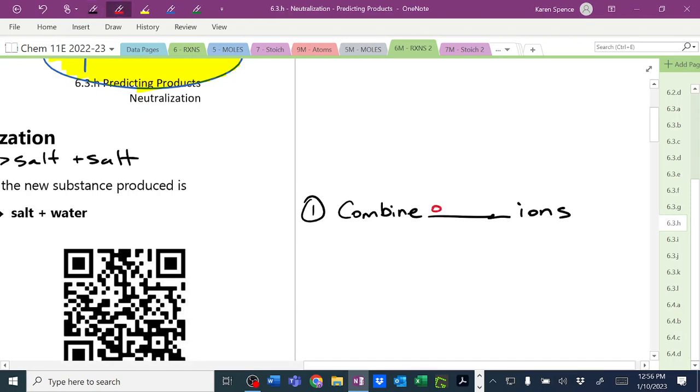Combine the outside ions and then make sure you balance the charge.